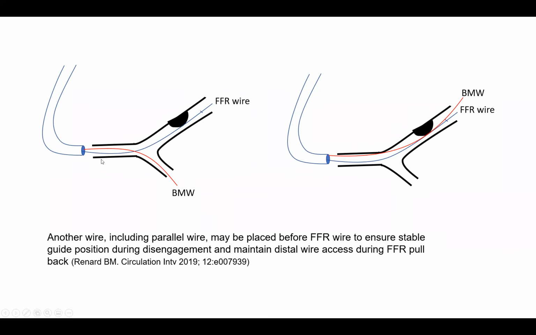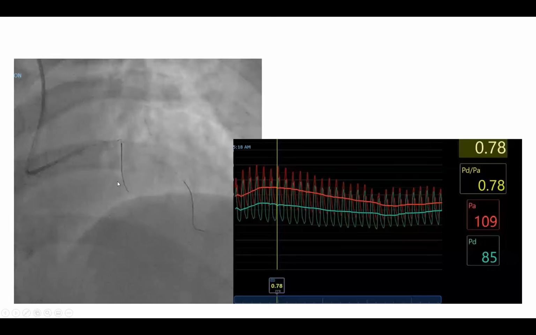One, it anchors the guide, but also it allows you to do an FFR pullback without having to worry about losing wire position distally. And also, it gives you guidance when you're wiring with the FFR wire, so you have to use less contrast and less need to flush and less error in measurements. Okay, so very important. You have to double wire oftentimes if you need to disengage the guide.